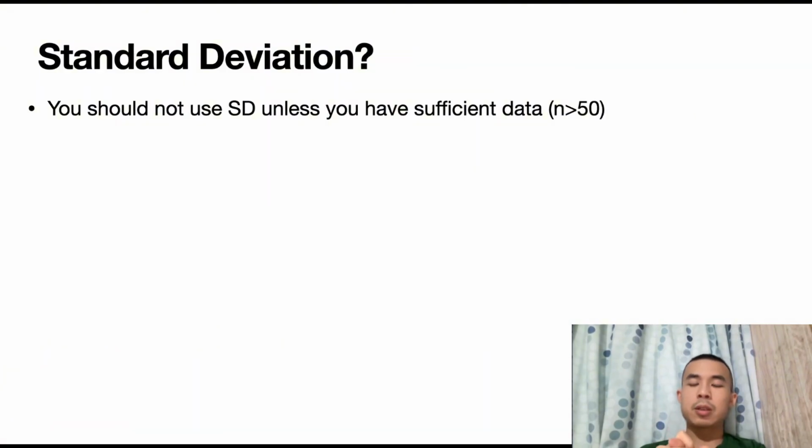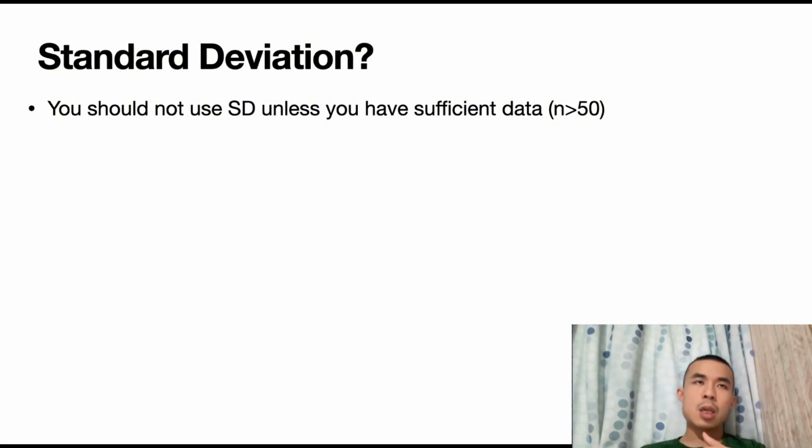When we use standard deviation, there is an underlying assumption behind it, that the data we collect is normally distributed. We can assume that if we have enough trials, it can be assumed to be normally distributed.